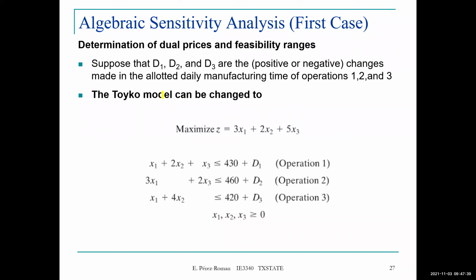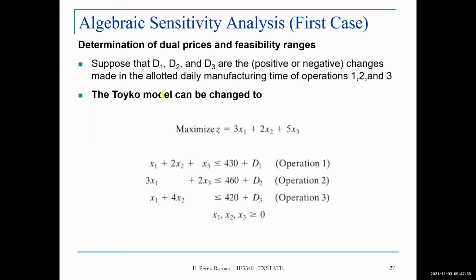So we are now going to represent the changes that we are going to make to this right-hand side. Those could be positive or negative, meaning that you can increase or decrease 430. You can increase or decrease 460. You can increase or decrease 420.